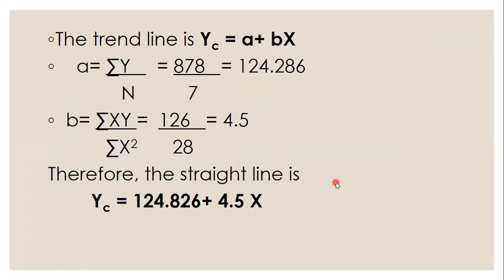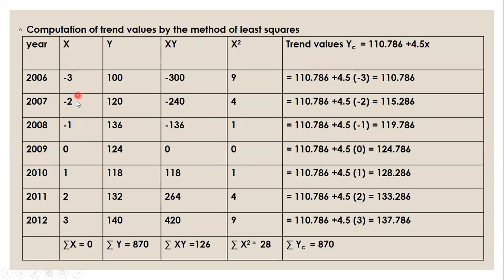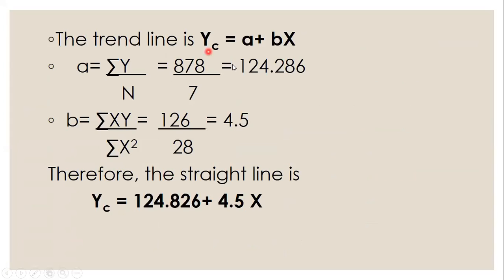If we assume x to be minus 3, minus 2, minus 1, 0, 1, 2, 3, then we can use this method directly. But if you start from 0, 1, 2, 3, 4 for x, then you have to solve the whole bunch of formulas and equations to arrive at a and b. I hope you are able to understand the difference.